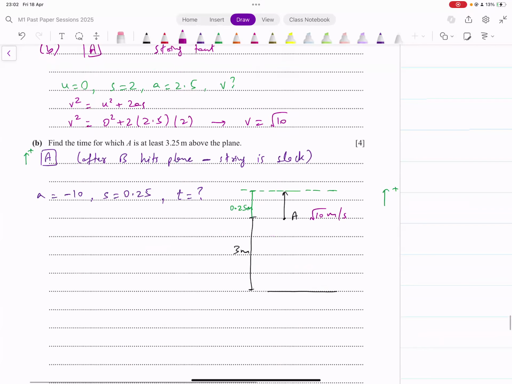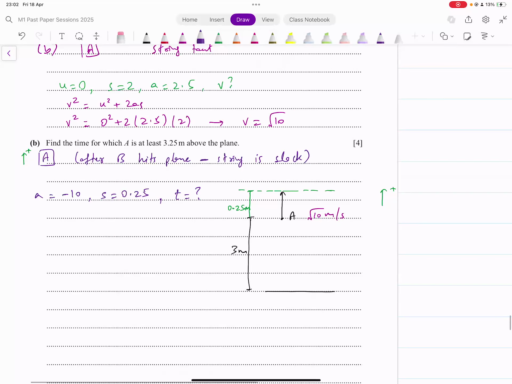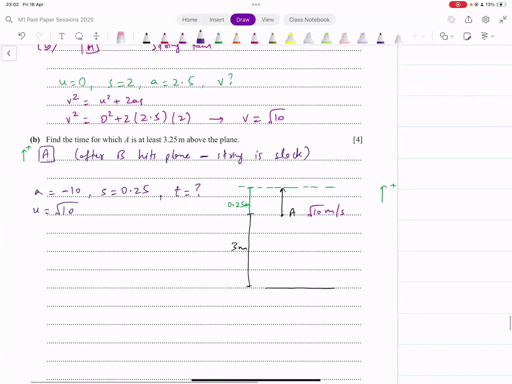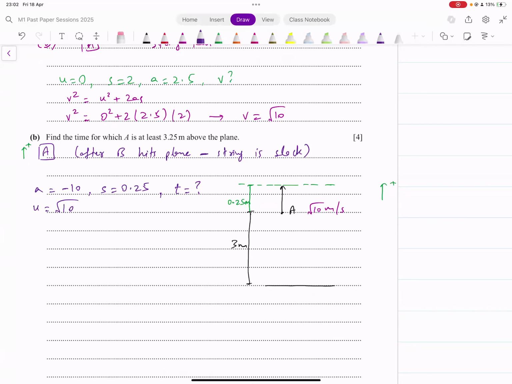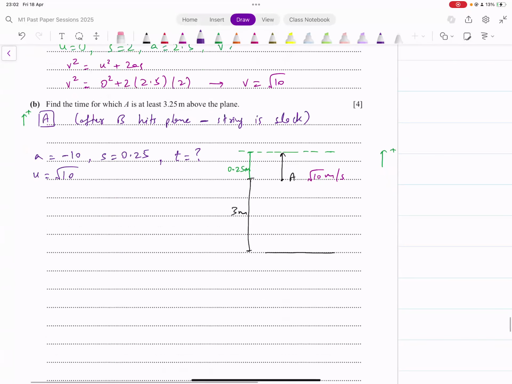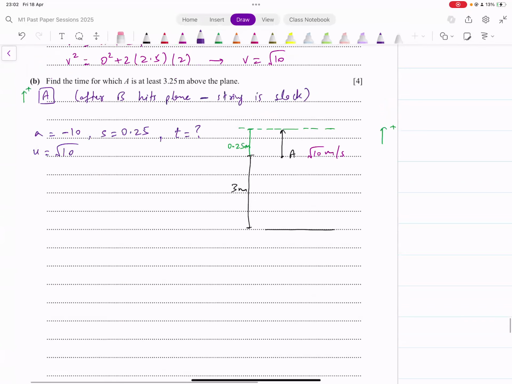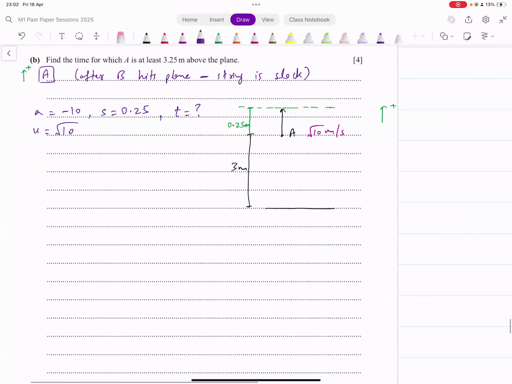That is now the initial velocity for the part when the string is slack. So u equals square root of 10. How do you find the value for t now? Which equation do we use? We can use s equals ut plus half at squared.